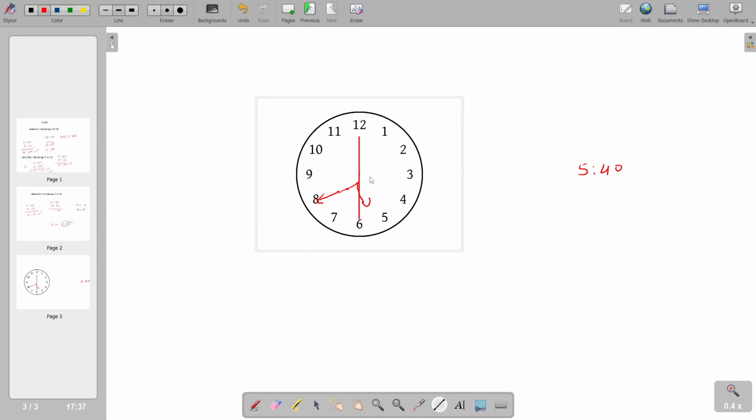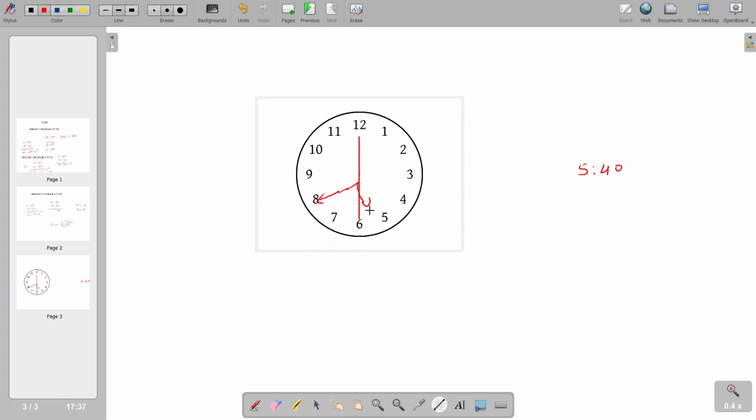Similarly, we take this line, 6, as reference. Here, don't interchange these numbers, just interchange the minutes hand and hours hand for finding the mirror image. Here we can see 6.